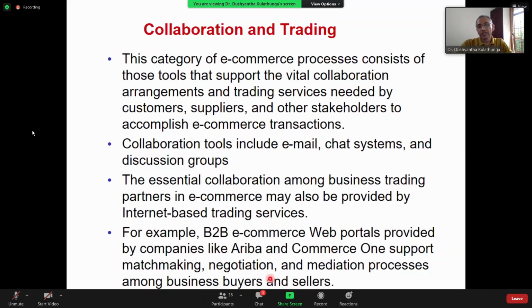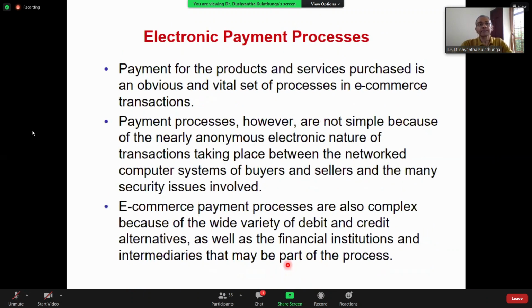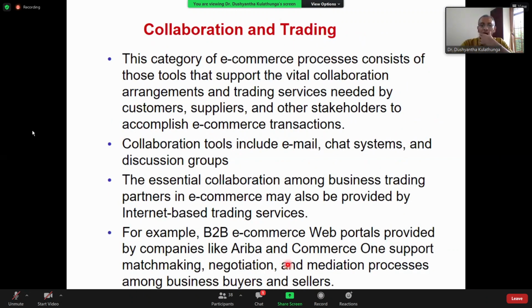So these are some of the options that will help the collaboration between business buyers and business sellers, which will ultimately help them to proceed with their business transactions. So that is about collaboration and trading.